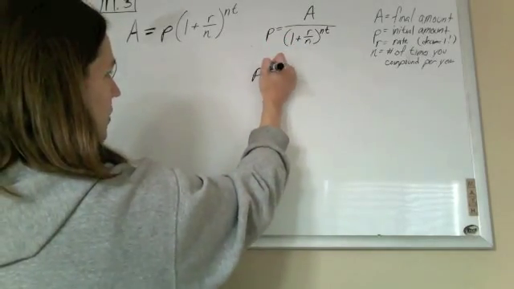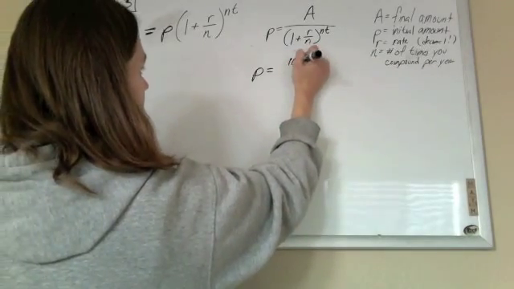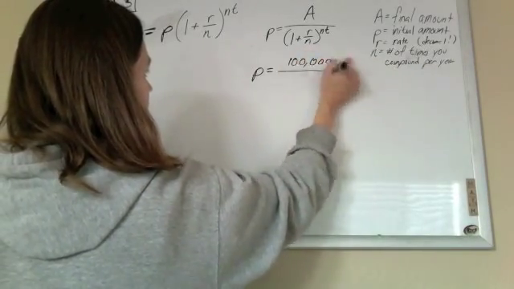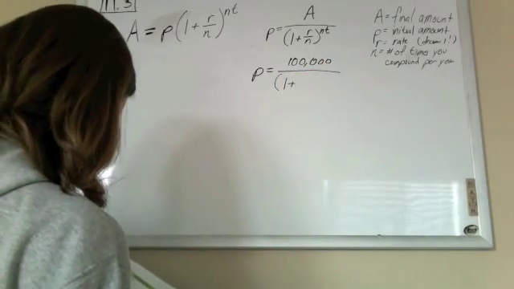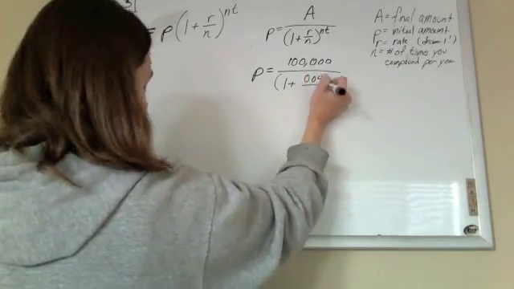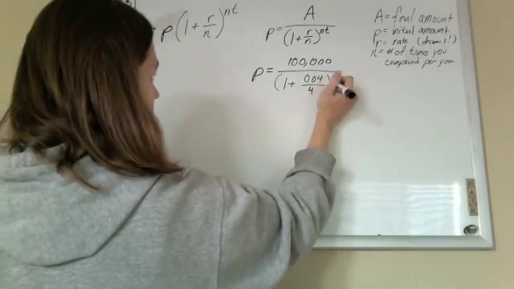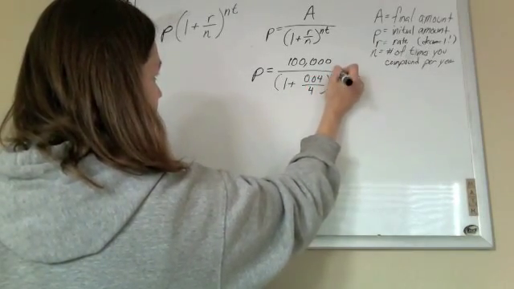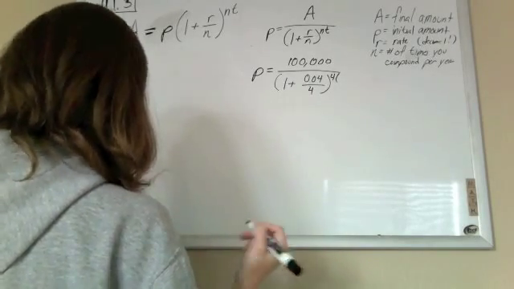So the present amount is the final amount we want, that $100,000 divided by 1 plus the rate, which is 0.04, 4%, and we're compounding quarterly, so 4 times a year. And so n is 4, and the time we need it in is again 4 years.